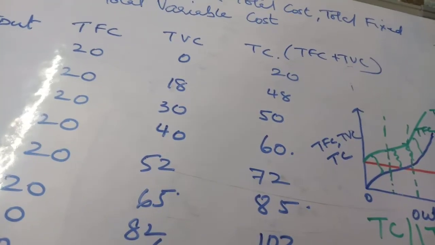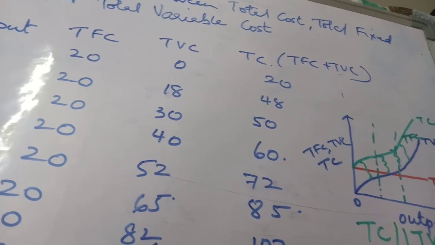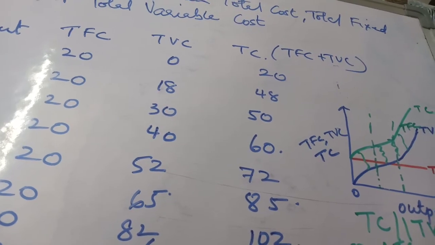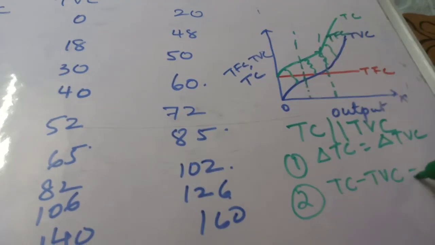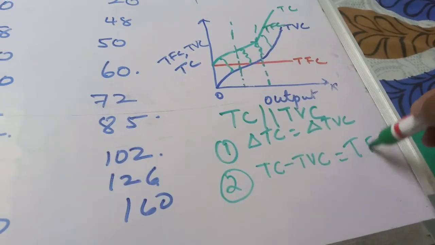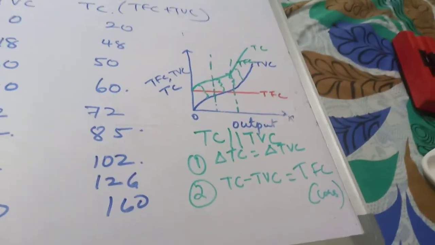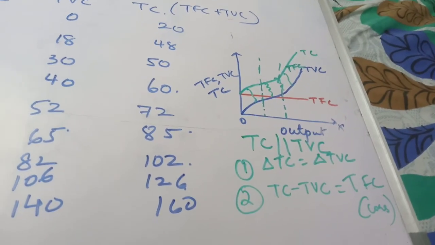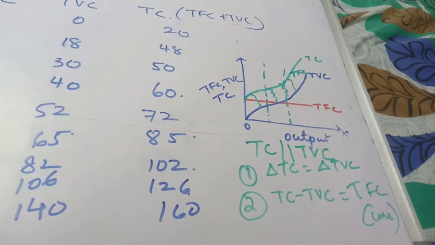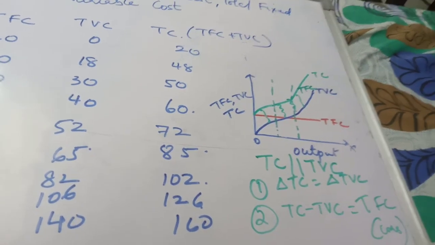First reason, that change in TC is equal to change in TVC, and second, TC minus TVC is equal to TFC, which is constant. So there is a constant distance between TC and TVC, that is TFC, and hence they are parallel to each other. I hope I've made this thing very clear.